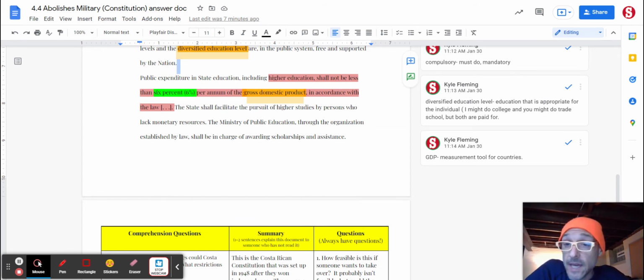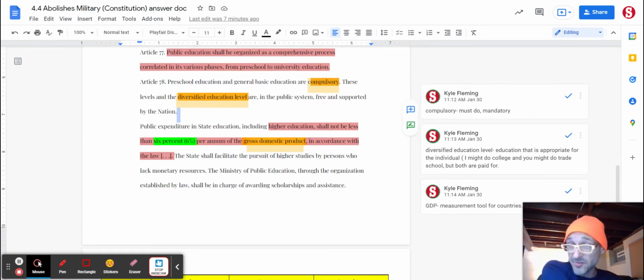I like it. The state shall facilitate the pursuit of higher studies by persons who lack monetary resources. The Ministry of Public Education, through the organization established by law, shall be in charge of awarding scholarships and assistance. So they're going to help you out, right? It must be some kind of pay as you go, so it's not all free.